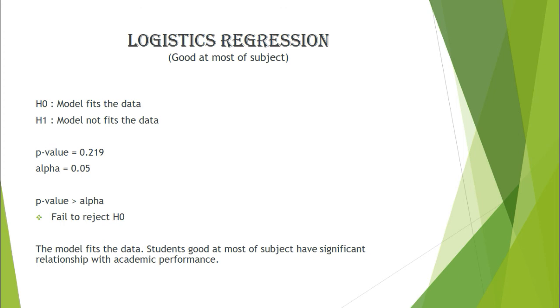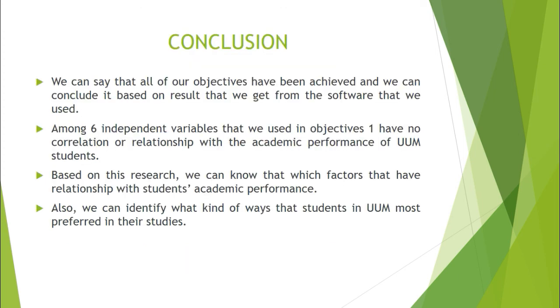For the conclusion of our research, we can say that all of our objectives have been achieved, and we conclude this based on the results from the software SPSS that we use. Among the 6 independent variables that we state in objective 1, there is no correlation or relationship with the academic performance of UUN students.